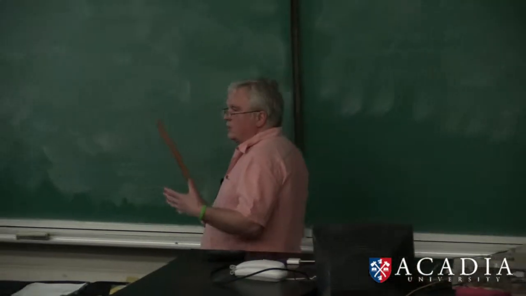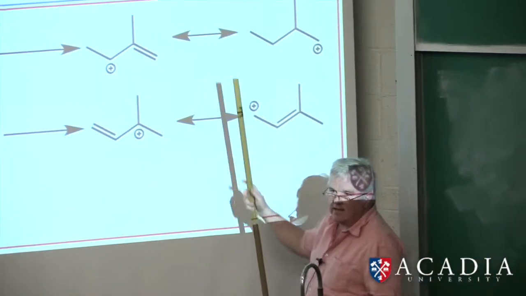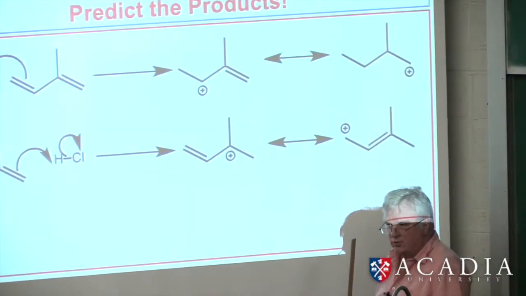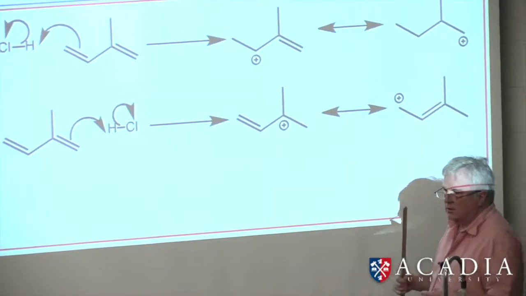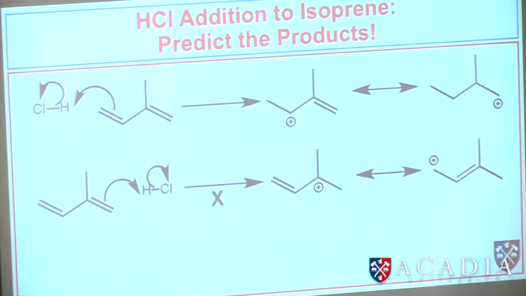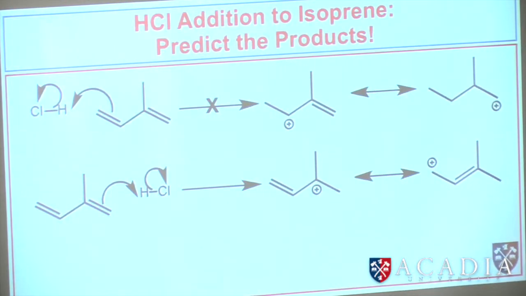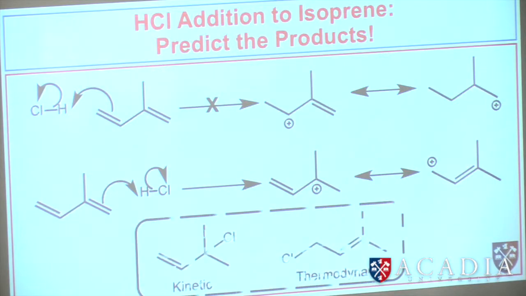Okay, so where do our products come from? This is a much more stable carbocation than this. And remember, when we do these protonation reactions, we tend to protonate and get the more stable carbocation. So we don't get a lot of chemistry occurring through the pathway on top. Most of our chemistry comes from the pathway at the bottom.